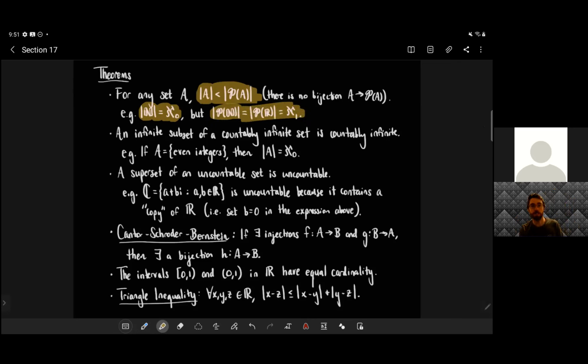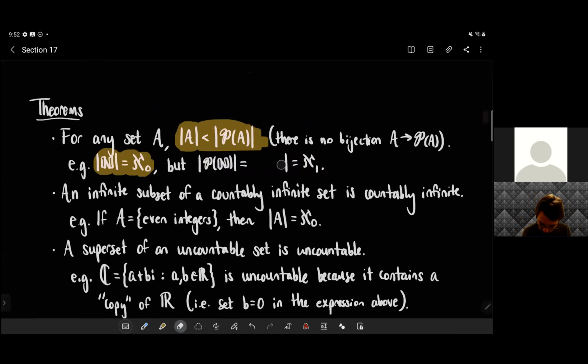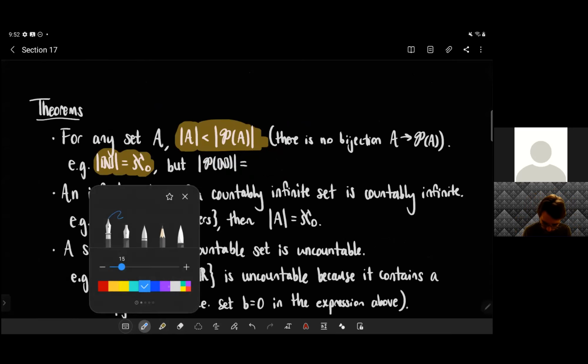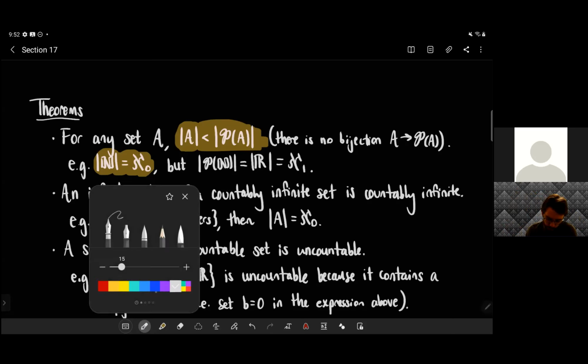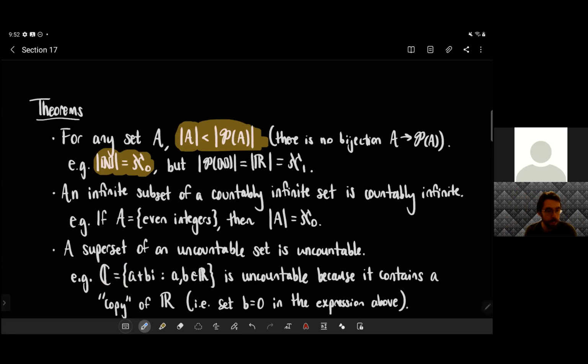It's good I talked about this. It's supposed to say equal to the cardinality of R, which is Aleph1. Cool. So taking power sets lets you ascend this infinite ladder of infinite numbers, which is kind of weird. You can keep going on that chain and you'll keep getting bigger and bigger infinities.